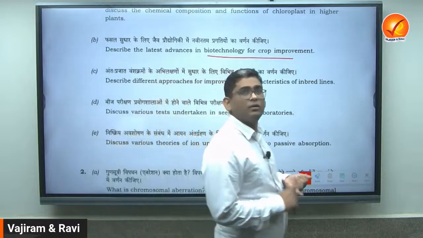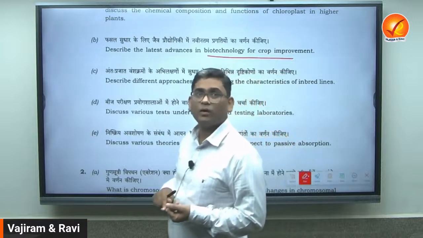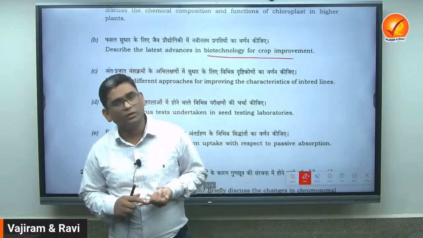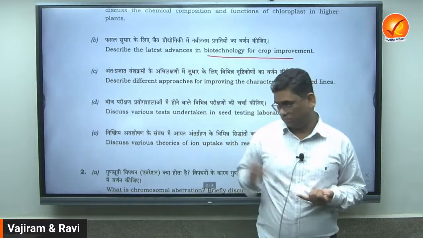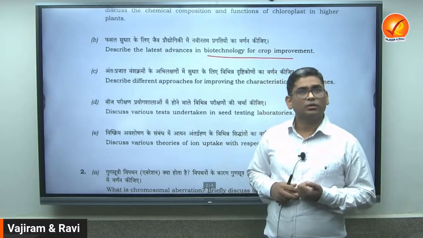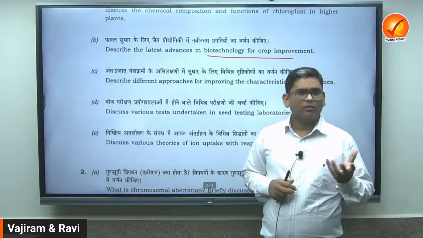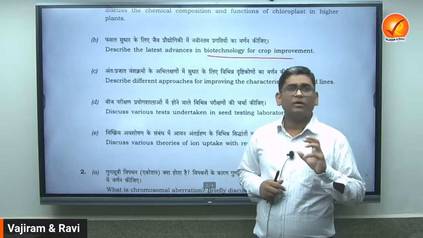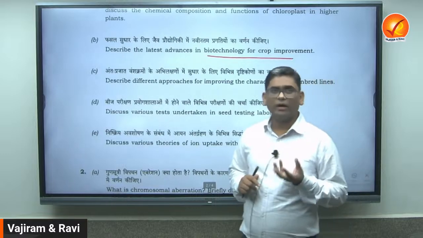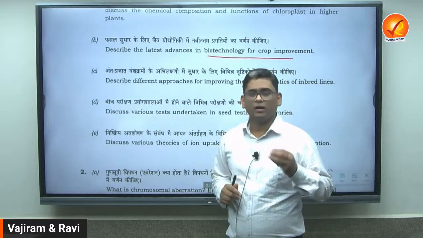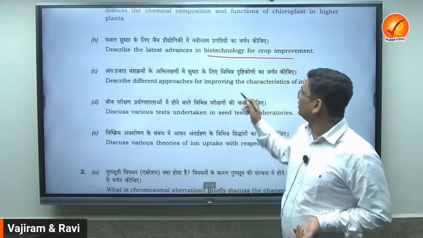Like development of crops that can be disease resistant, drought resistant, or nutritionally enhanced, like canola, and the Roundup Ready variety of soybean, for herbicide tolerance. Not in India but in other parts of the world, almost each and every crop has its GM version for various reasons: nutritional enhancement, drought tolerance, salt tolerance, insect resistance. Like GM corn is there in the USA. So these are the important things you have to write here.